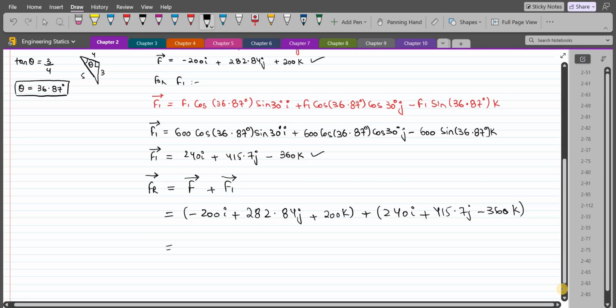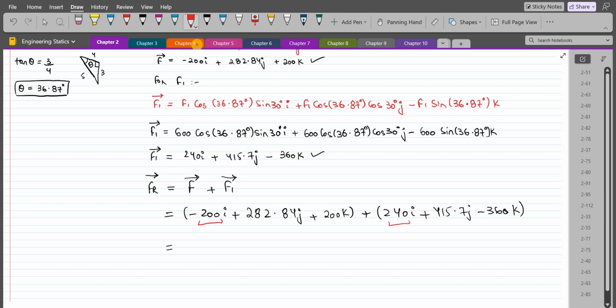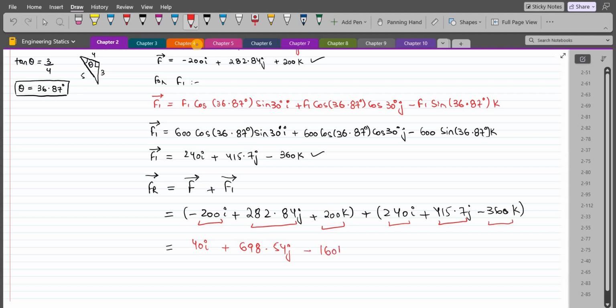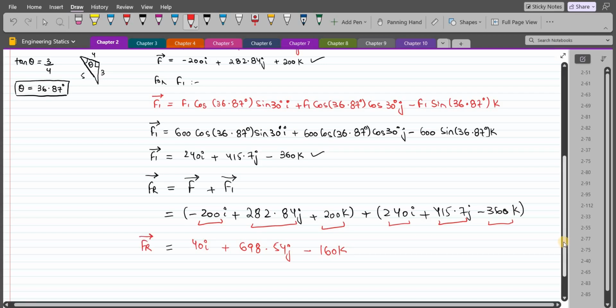Upon further simplification, adding the i components together, it would be 40 i. Adding the j components together, it would be 698.54 j. Adding the k components together, it would be negative 160 k. So this is the resultant force in Cartesian vector form.